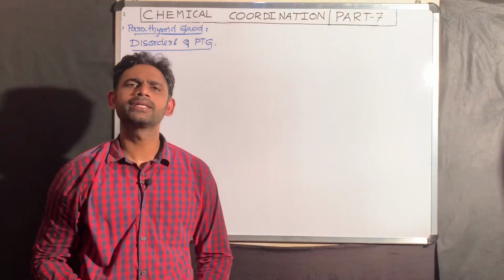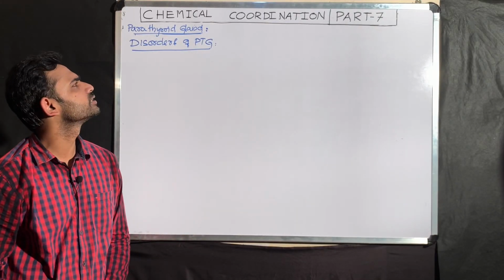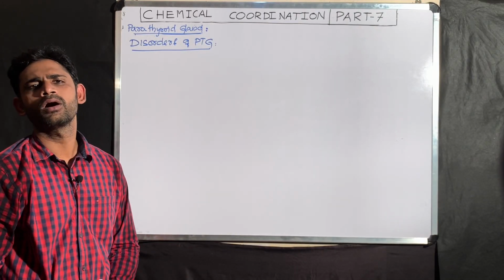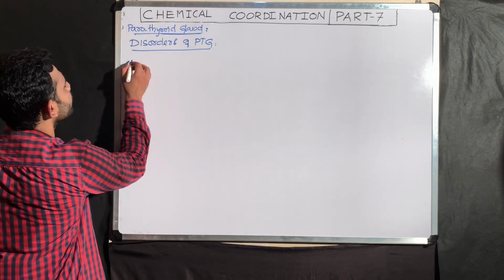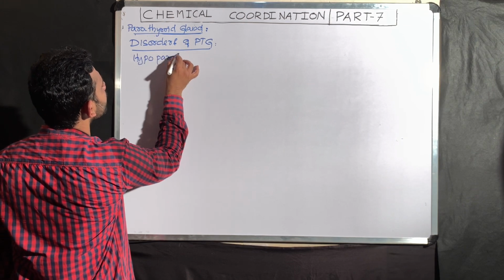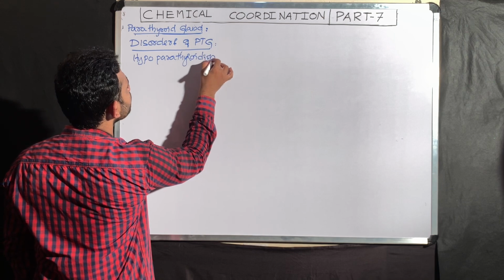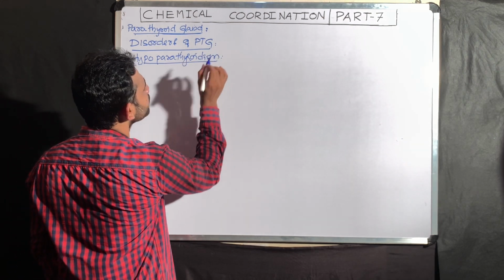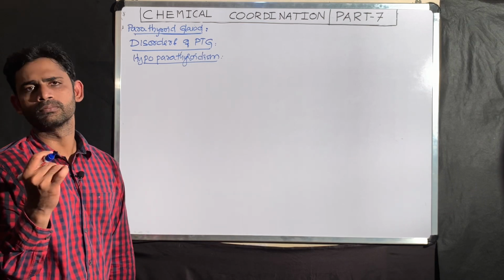After explaining calcium homeostasis, now I am going to tell about the disorders of the parathyroid gland or parathyroid hormone. The first is hypoparathyroidism. What is the meaning of hypoparathyroidism? There is a lower synthesis of parathyroid hormone.